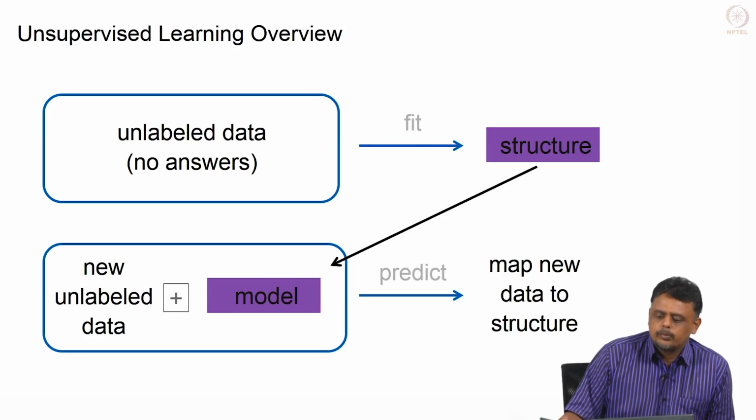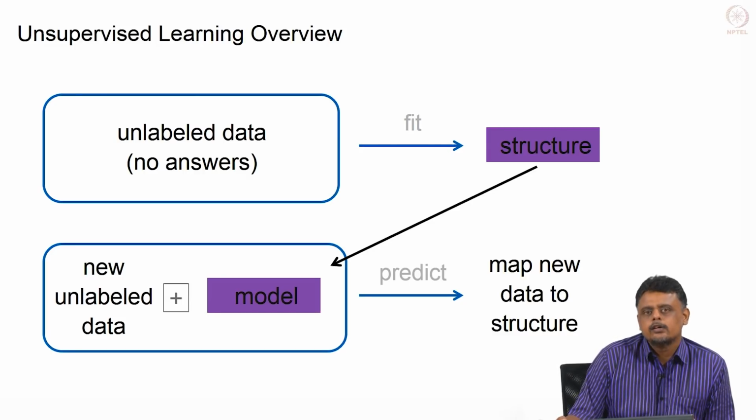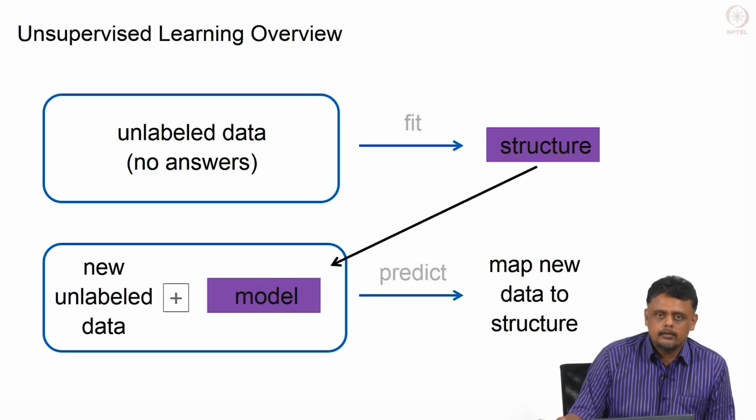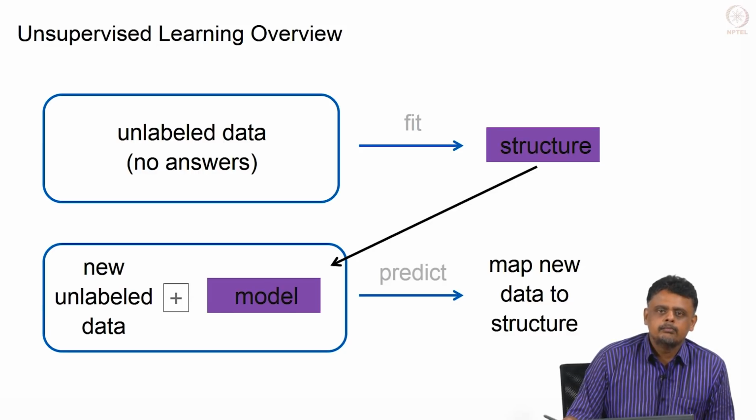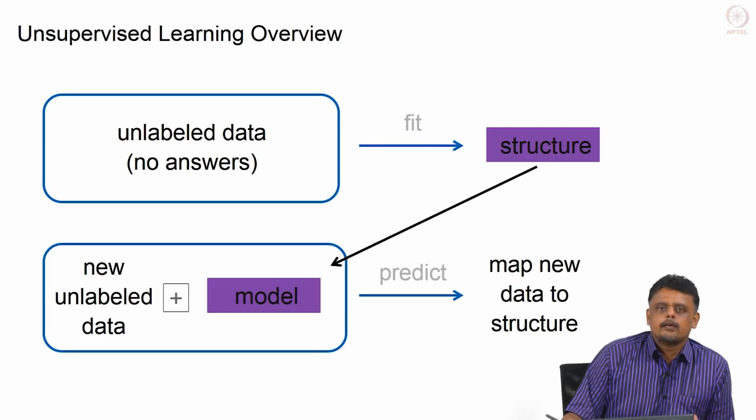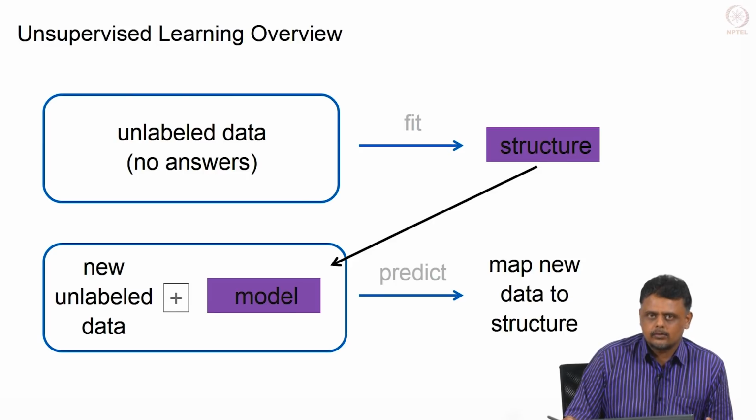However, in the case of unsupervised learning, we are just given plain unlabeled data. This is the case most of the time in the real world, because labeled data is hard to come by. So, we will be given a bunch of unlabeled data, and the idea is to develop a model from the data itself based on some metric that we define. Based on that metric, we develop a model which automatically separates the data into different classes or bins, if you like to call them, and that determines a structure.